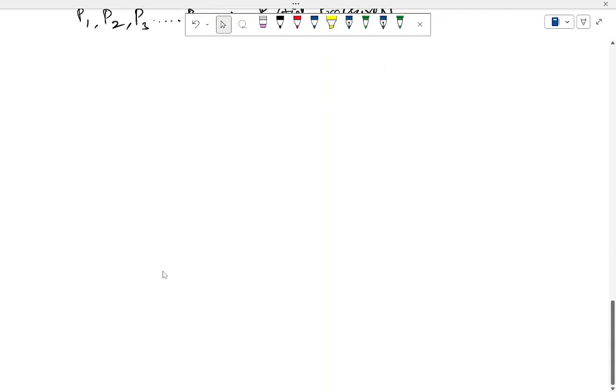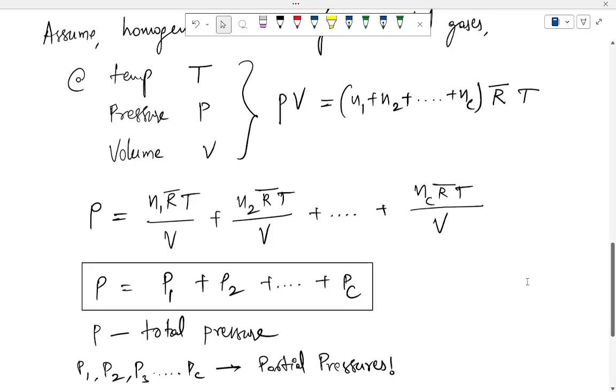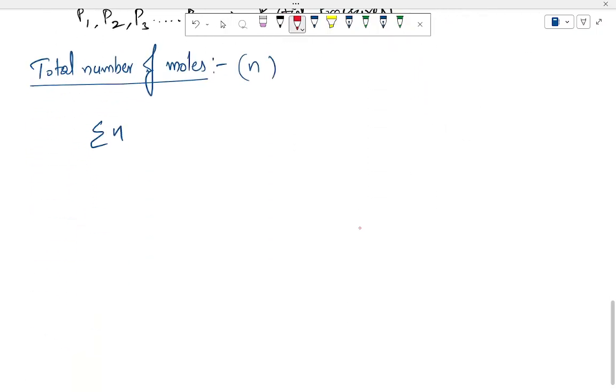Moving on, we should also see the concept of total number of moles. When I am speaking about moles here, I am speaking about N. So here I should take sigma N. Like I have shown in this example, N1 plus N2 plus so on plus Nc, this complete thing is called sigma N, basically the sum of all the moles.